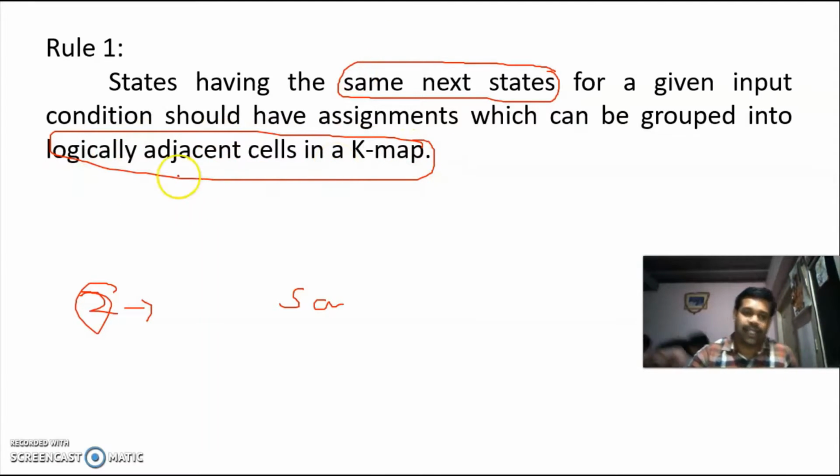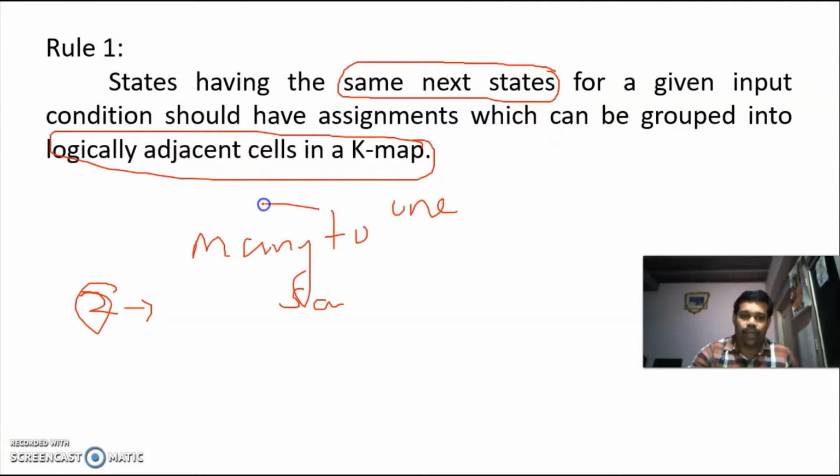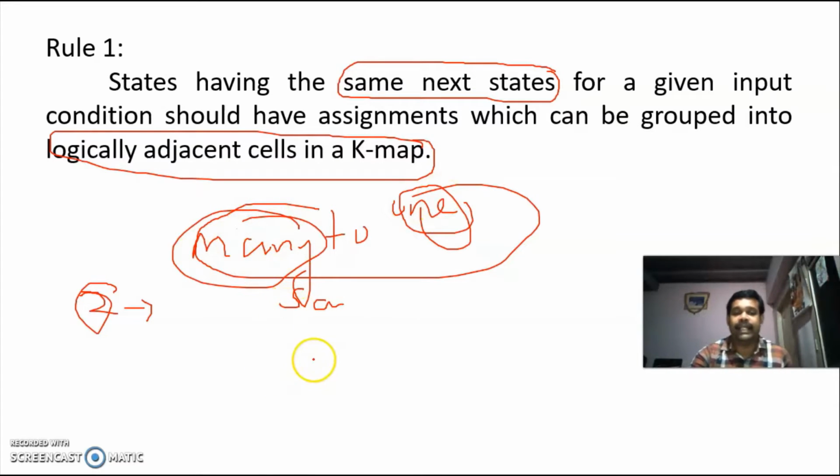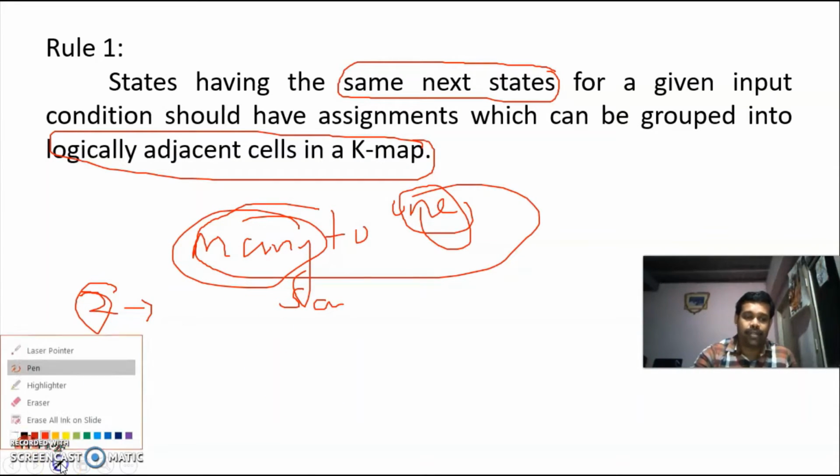In simple terms, you can remember rule 1 as many to one. If many states have one state as the next state, then these states should be assigned in the nearer cells of the K-map.